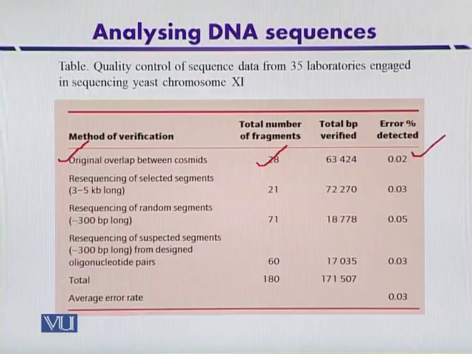0.02%. And then they again verified the data, like resequencing of selected fragments having a length of 3 to 5 kilobase, and then resequencing was also carried out for random segments having a length of around 300 base pair, and then resequencing of suspected fragments was also carried out.